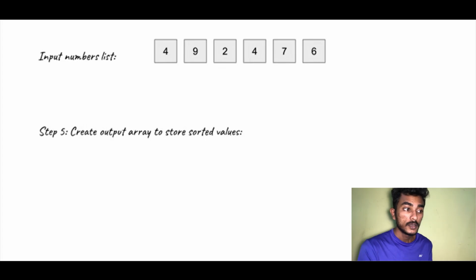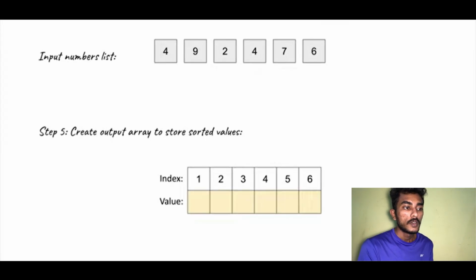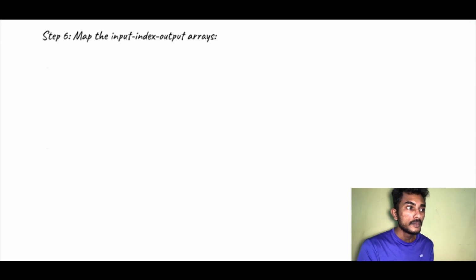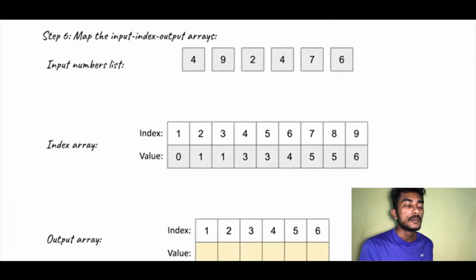So the next step is to create an output array to store the sorted values. We have 6 values. Next we map the input to the output array. We find the index array value for each input number.